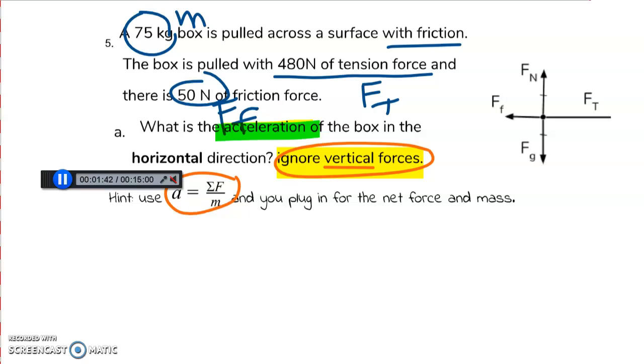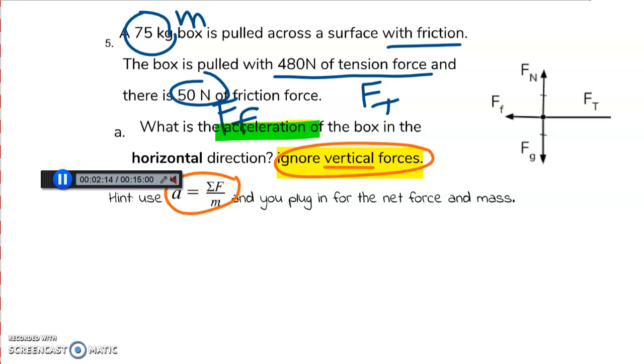With the problems that you're going to see, we try to simplify it so that it's obvious which direction you should focus on. Like in this problem, there is even a hint that you can ignore them. In more complex physics problems, it may not be obvious, and a hint like ignore vertical forces may not be given in physics classes later on.